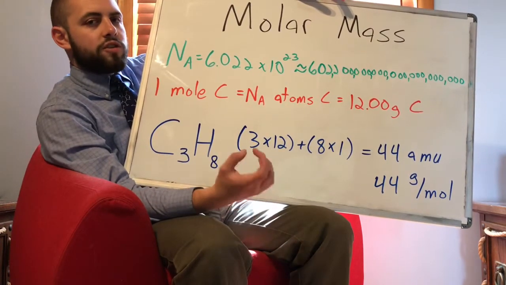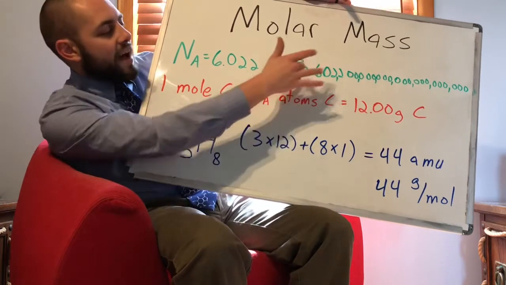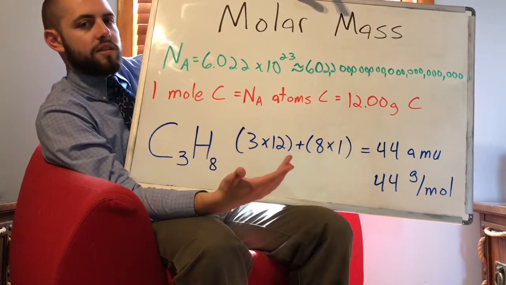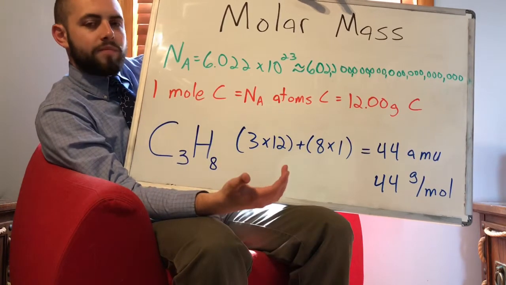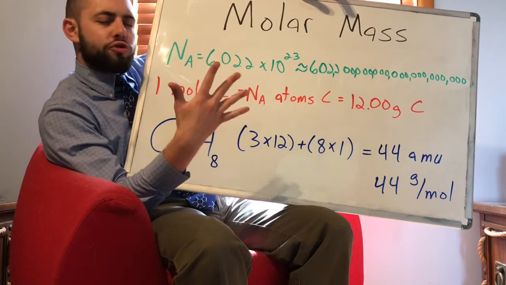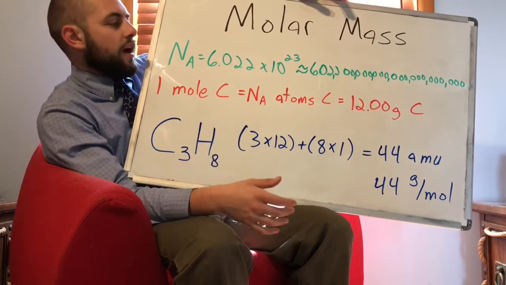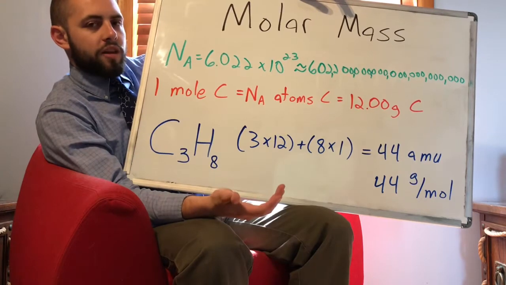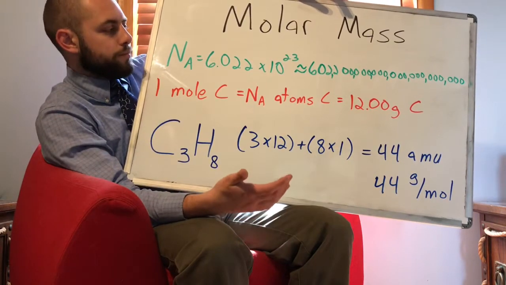These particles are so small that we have to count them in supermassive amounts to make them meaningful. If I only had 5 atoms of something, that's truly insignificant. You've got to have billions and billions of atoms or molecules to start being worthwhile to count.